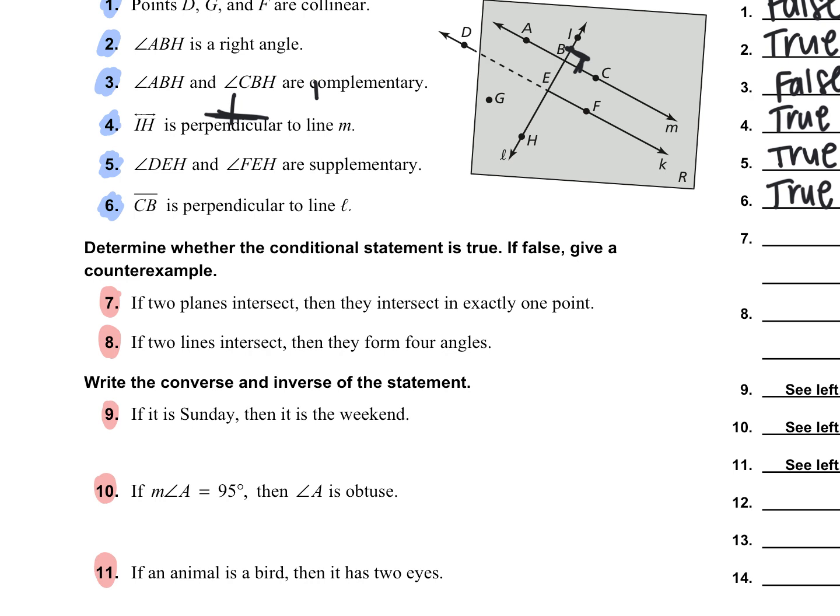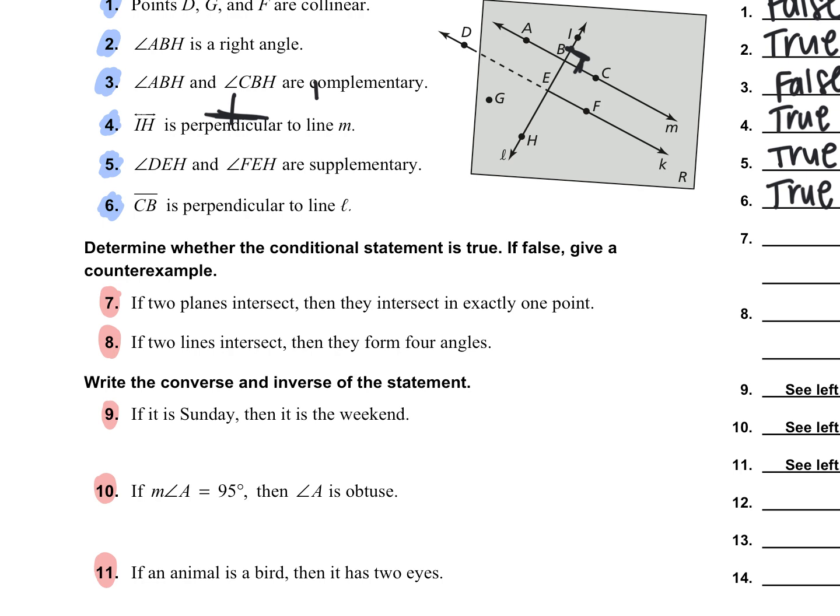So my conditional statement for number 7 is, if two planes intersect, then they intersect in exactly 1 point. Is this true or false? Guys, this is something you should have already done, so it should be completed.